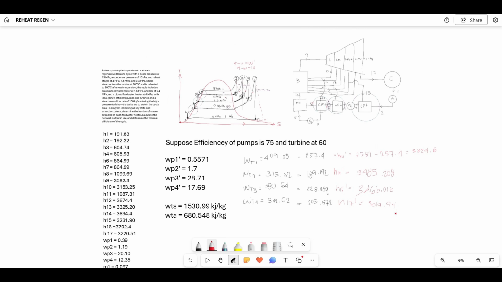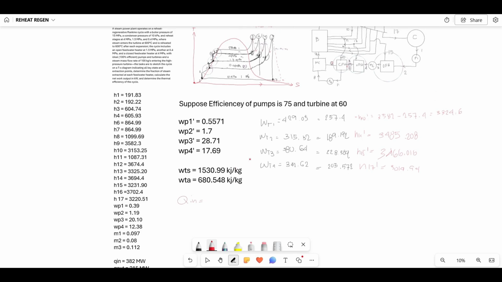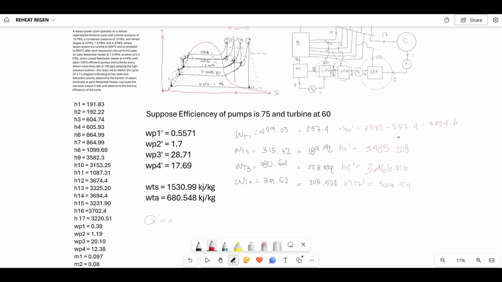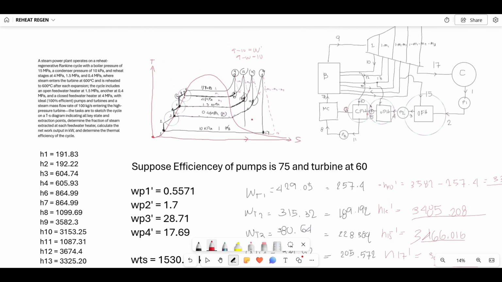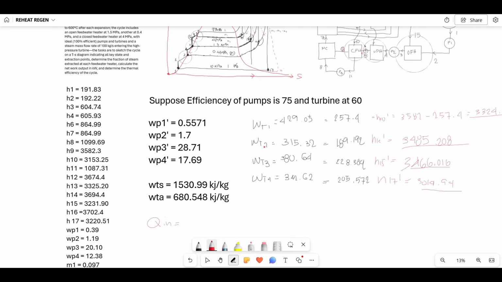Now, because we have the actual enthalpies, we can solve for the total Qin. So Qin is equal to the same, but instead of using the ideal values, we are going to use these values. So what's the highest of this? 9. So we are just going to plot it in our calculator, same as earlier.